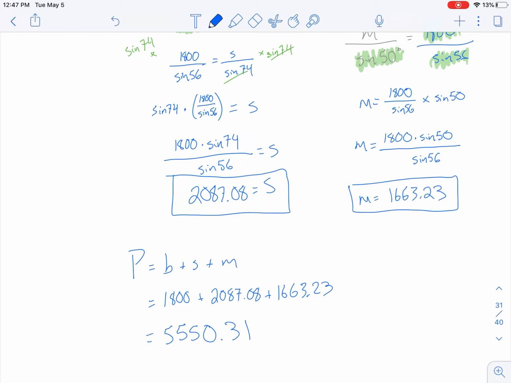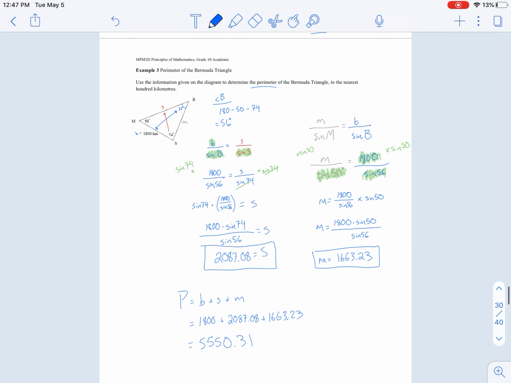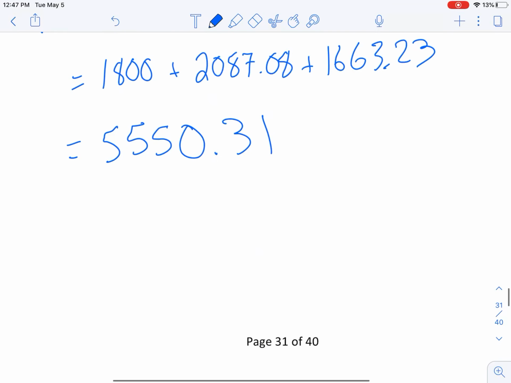And then this was rounded to the nearest 100. Notice that said 100, not hundredth. Nearest 100 kilometers, not hundredth. So we have to round to this decimal place right here. Oh, sorry, that's the tenths. We want to round to the nearest 100. That's the 100 right there. So we have to take a look at the tenths column.